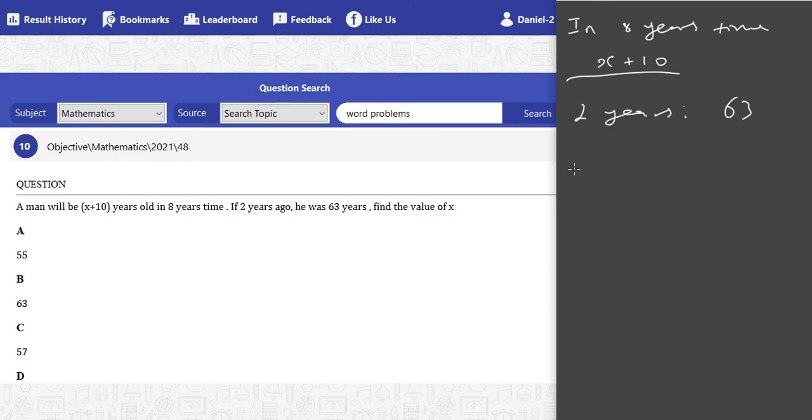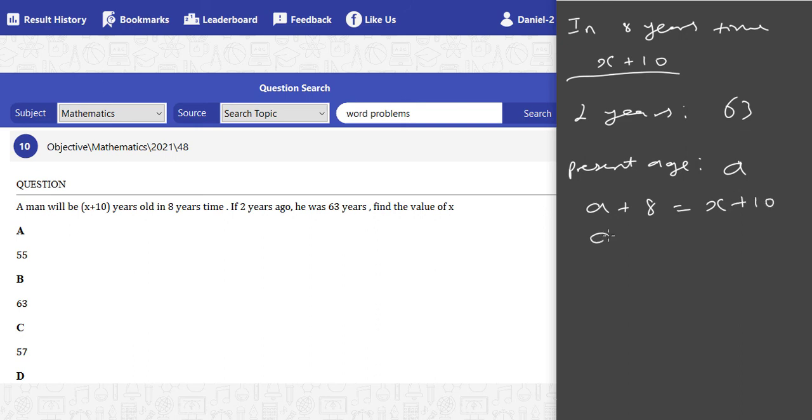So what will be the present age of the man, based on the first information, because the question is in 8 years time. If we add 8 years to his present age, let's say his present age is A. So what the first statement is saying is, if we take his present age and in 8 years time you add 8 to it, you are going to get x plus 10.